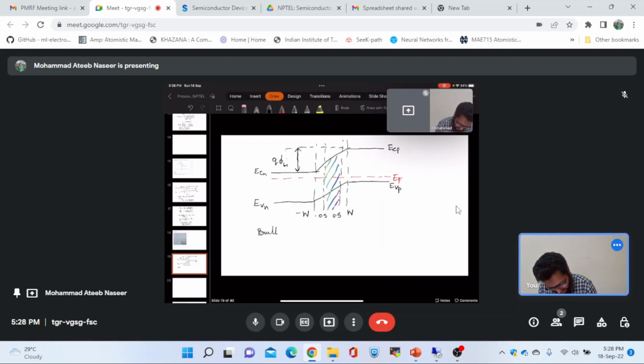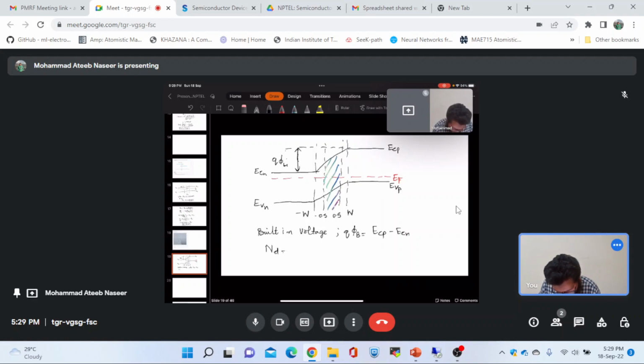This built-in voltage is simply given by q times phi B is ECP, that is the conduction band edge on the P side, minus EC on the N side. Let us write down the equations for the carrier concentrations.